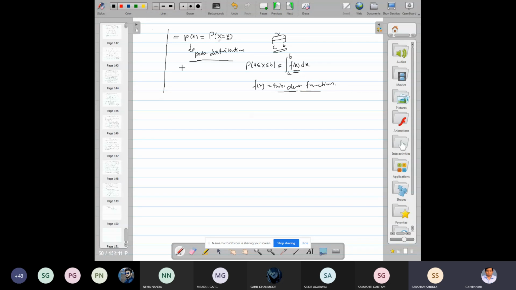The random variable may be discrete or may be continuous. So first consider discrete uniform distribution.